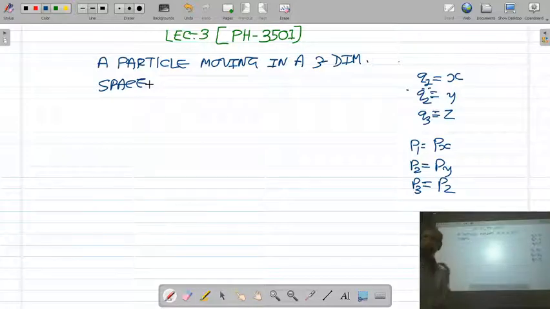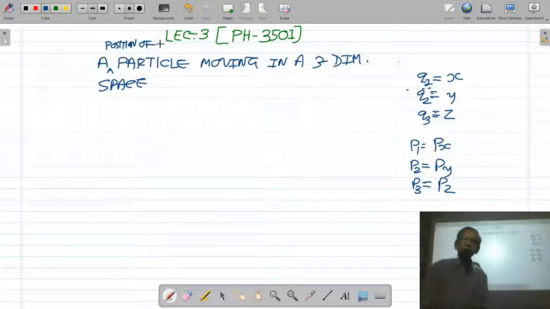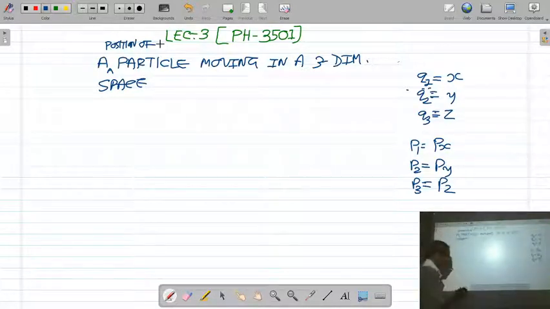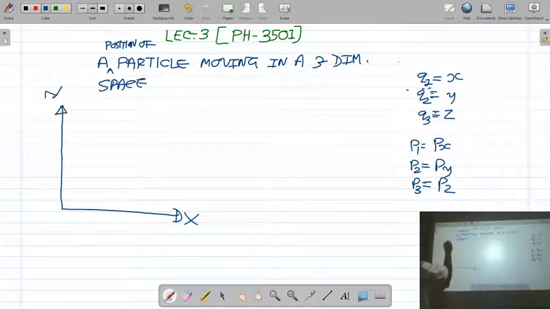A particle moving in a three-dimensional space. How do you specify the position of a particle moving in a three-dimensional space? Let us see. This is the x-axis, y-axis, z-axis.